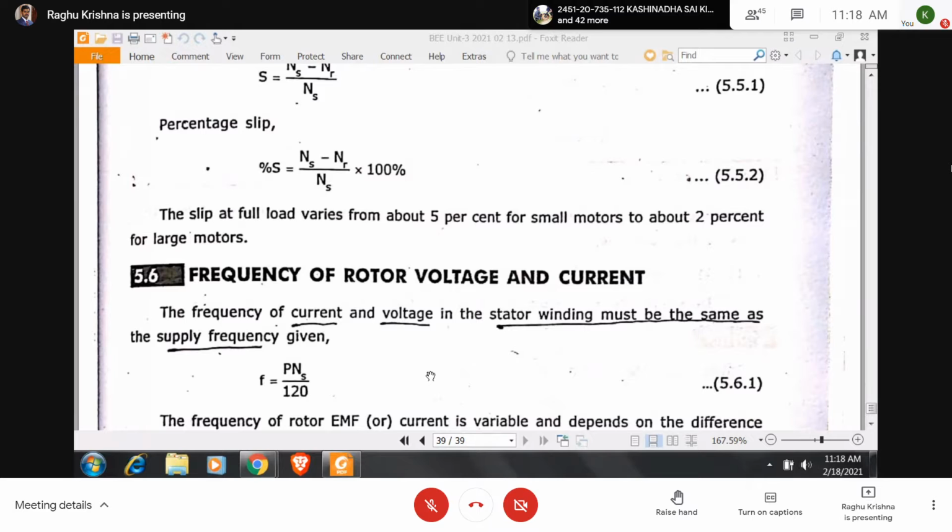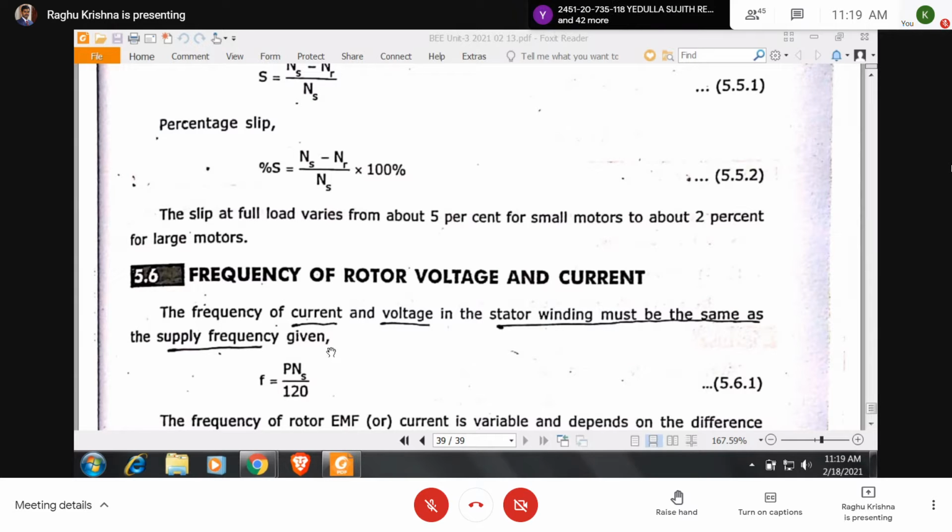Coming to the stator, the frequency of the stator voltage and current will be equal to the supply frequency. But the frequency of the rotor voltage and rotor current depends upon the speed of the rotor.